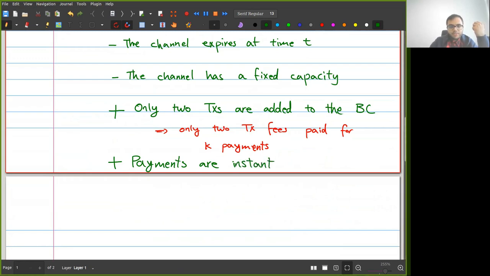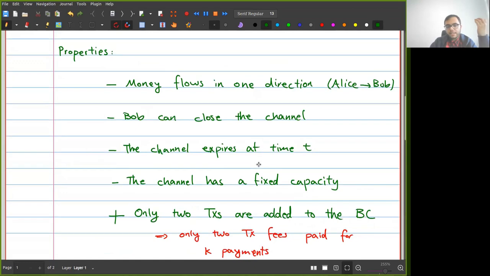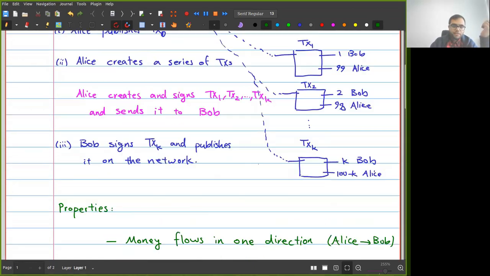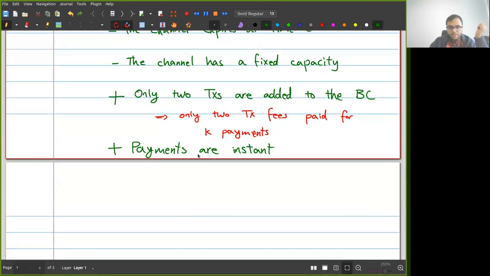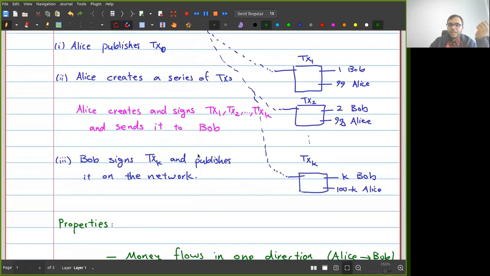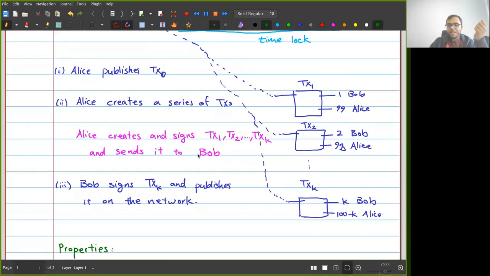Of course, they're instant within the limits of the channel, so I cannot send more money than I have put in here. But this is amazing. So now Alice can pay Bob instantly, even though we are using a blockchain where transactions take, let's say, 1 hour to get finalized and get the confirmations and everything.